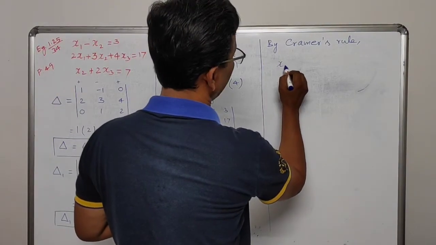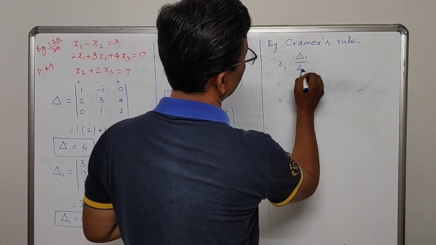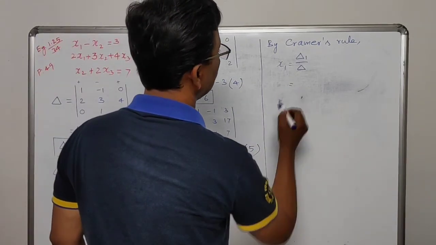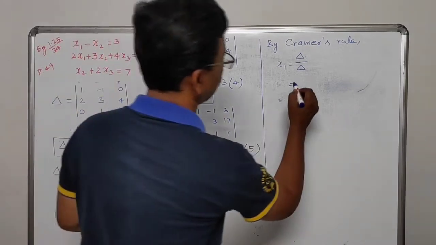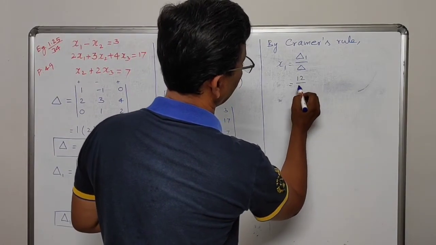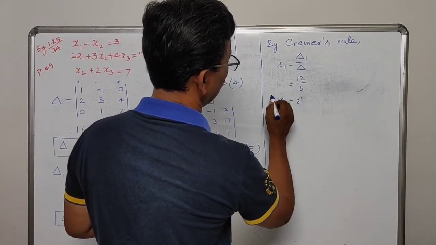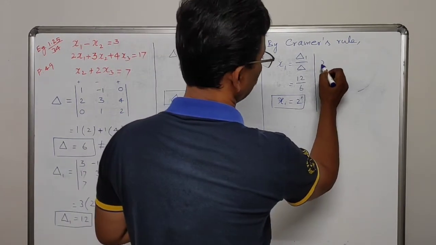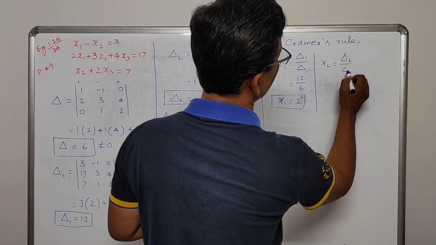Therefore x1 is equal to delta 1 by delta, which is 12 by 6. Therefore x1 is equal to 2. After that we can find x2. x2 is equal to delta 2 by delta.